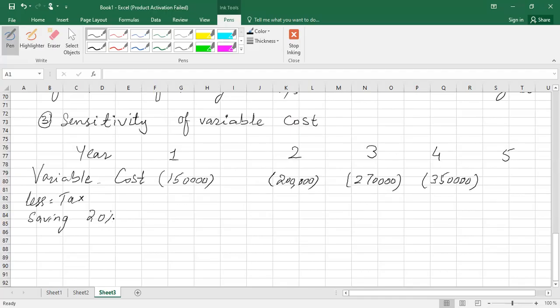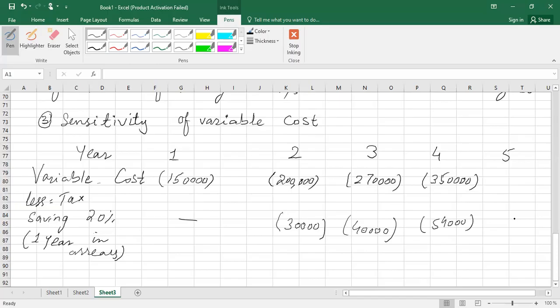Suppose it is 20%, and further he says 1 year in arrears. 1 year in arrears means what? Tax for year 1 is not payable here. It is paid in year 2. Year 2 taxation is paid in year 3. Year 3 taxation is paid in year 4. Year 4 taxation is paid in year 5.